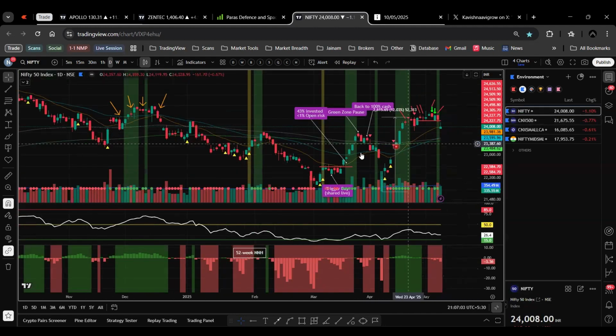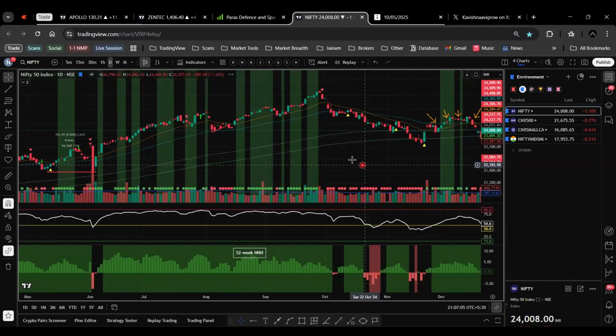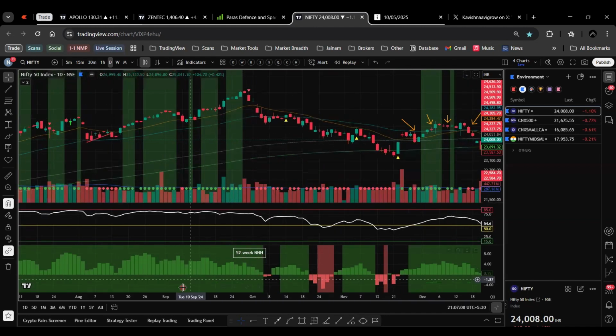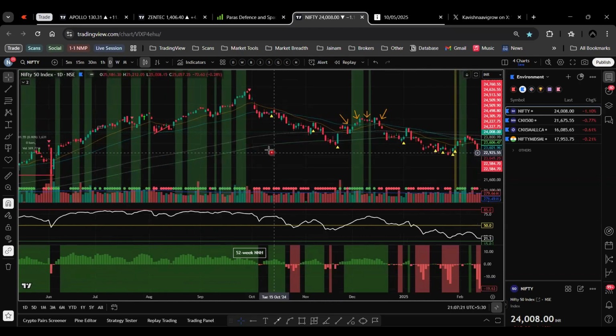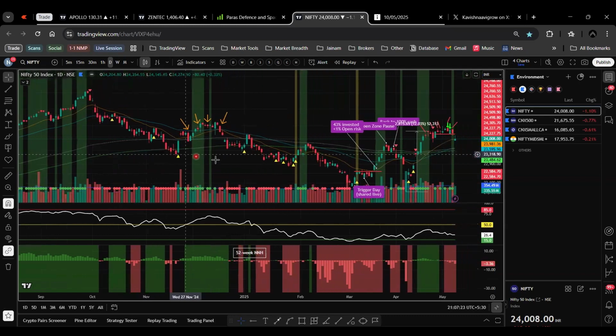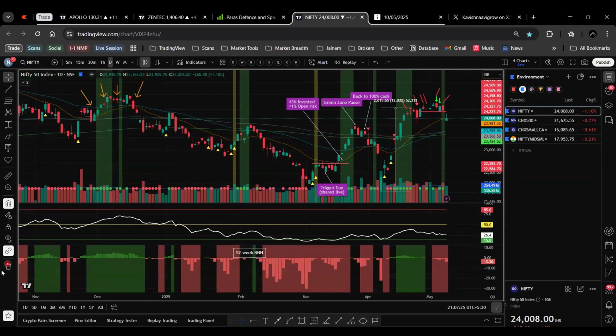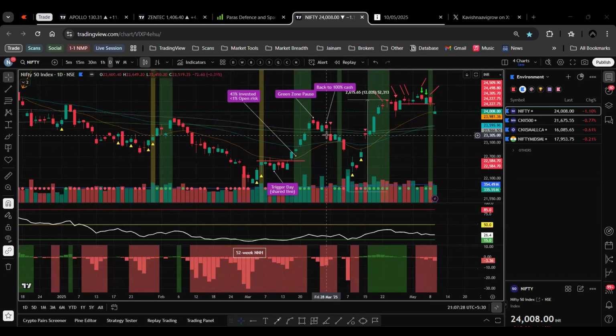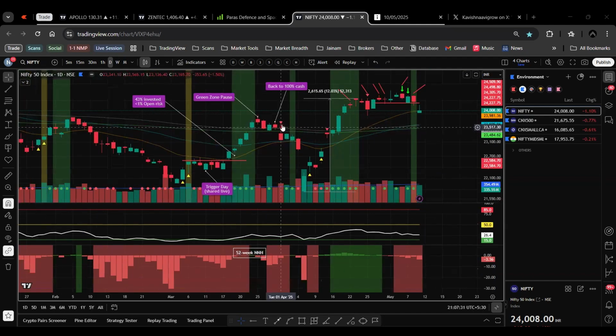If you see the Nifty chart, this was in September, I think the 30th of September. Yes, on 30th September we got this negative trigger day, and this happened to be the top of Nifty. Not just that, in April this was the day of the negative trigger, and we were well in cash a day before that.